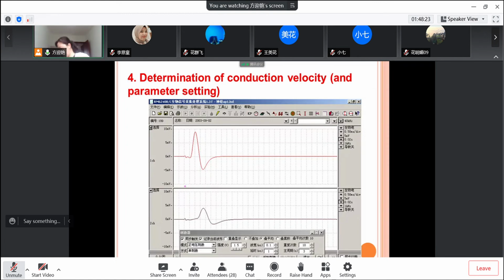Who can tell me? 1 centimeter and 0.03, can you calculate it?